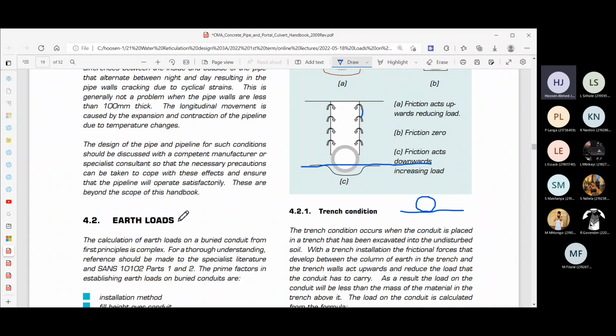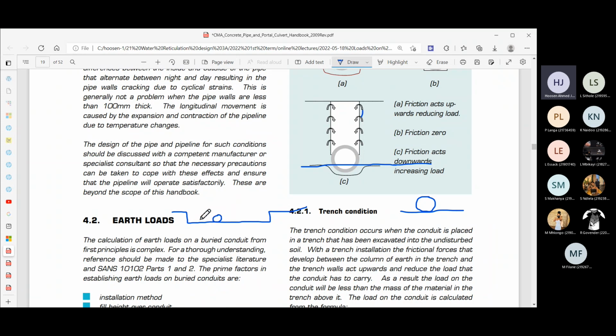The third situation that can arise is where you've dug a very wide trench. For example, you may have dug a very, very wide trench like that, and you've now put the pipe in the ground. So the pipe is actually below ground level, but because of the width of the trench, the friction forces that you develop on the side will have no effect here.